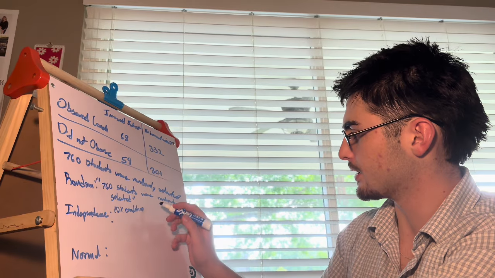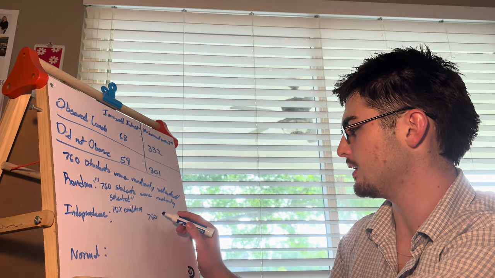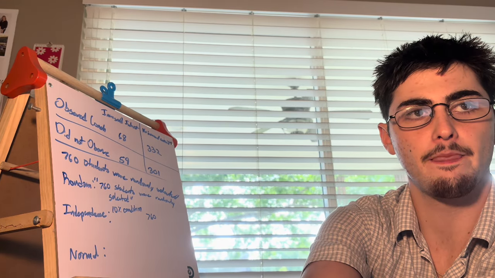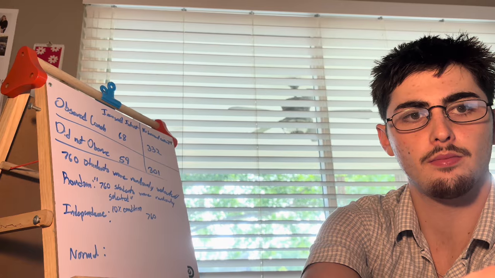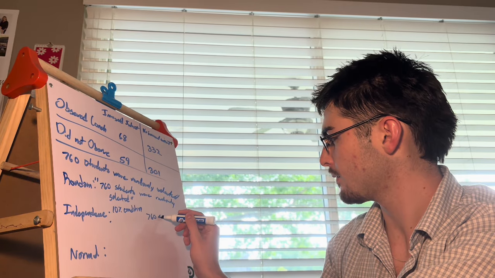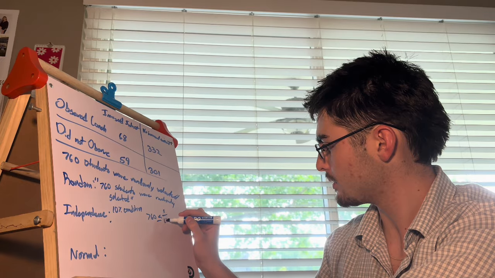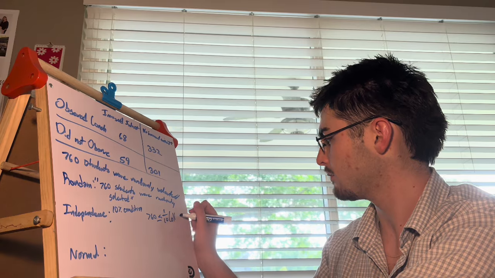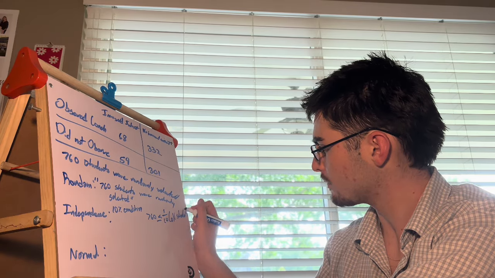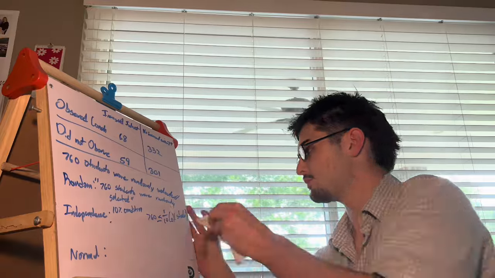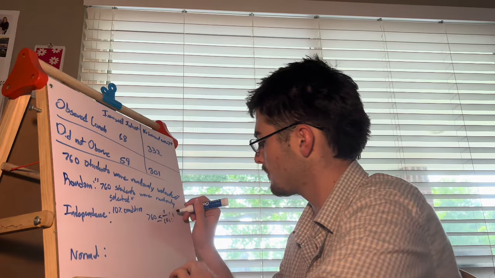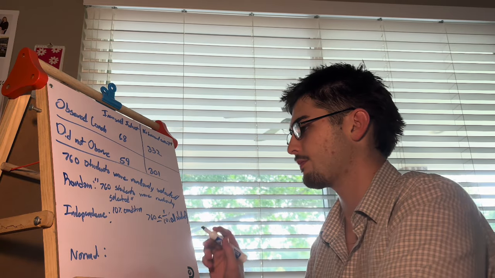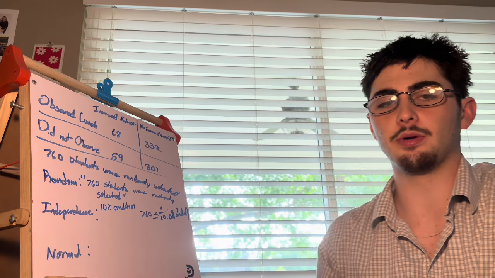You're going to write 760 is less than or equal to 10%, or 1/10, of all students. And then for that step, you are going to be done.